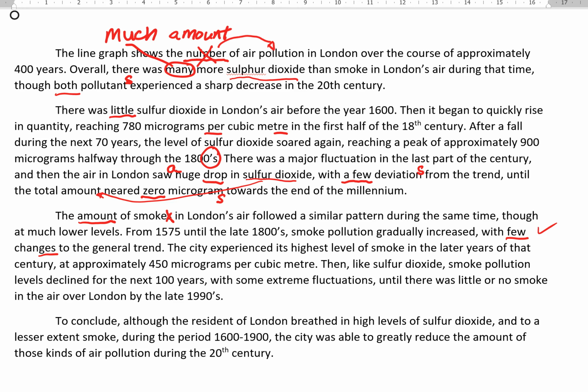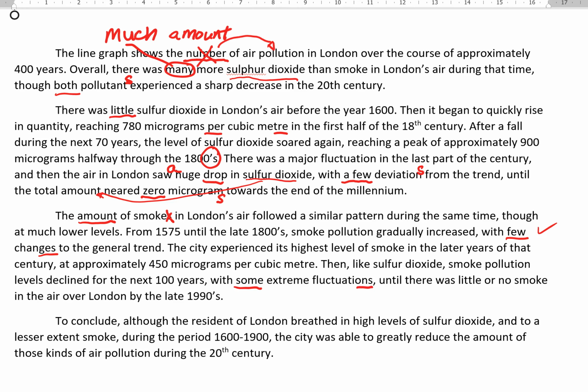Good. Then, like sulfur dioxide, smoke pollution levels decline for the next 100 years. With some extreme fluctuations, right? So some can be used with both count and non-count.